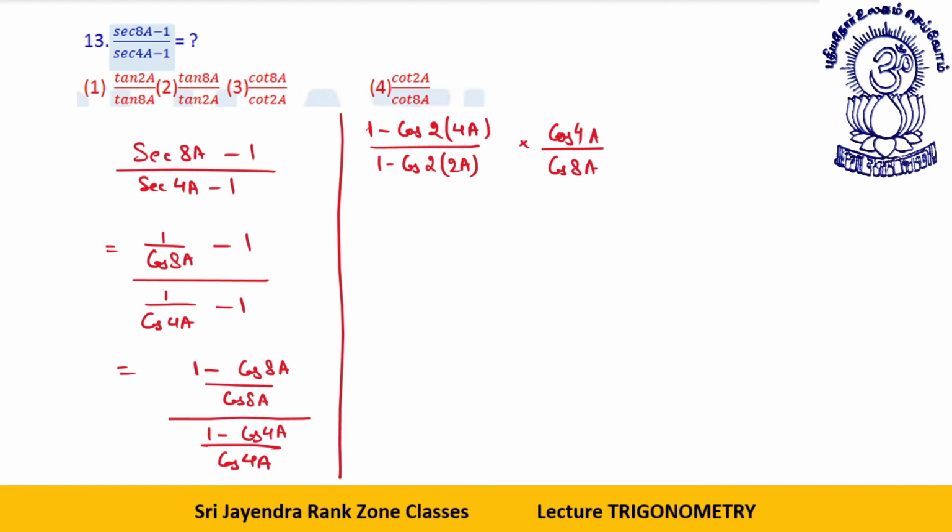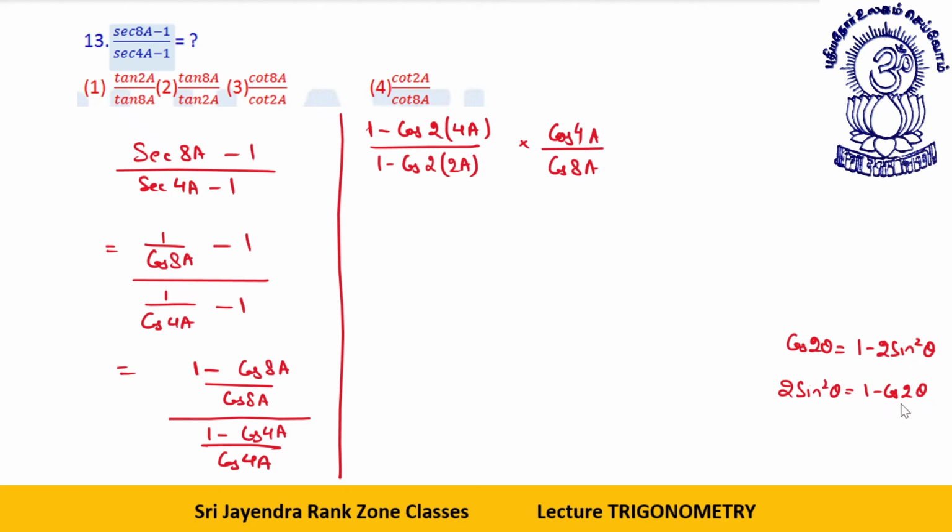Now, before I take it further ahead, let me tell you a few formulas. Cos 2 theta is what? This is 2 cos square theta minus 1, or 1 minus 2 sine square theta. From here I can say 2 sine square theta is equal to 1 minus cos 2 theta.